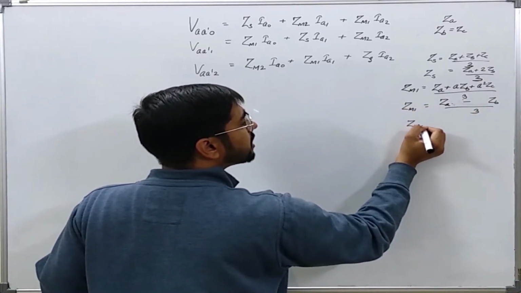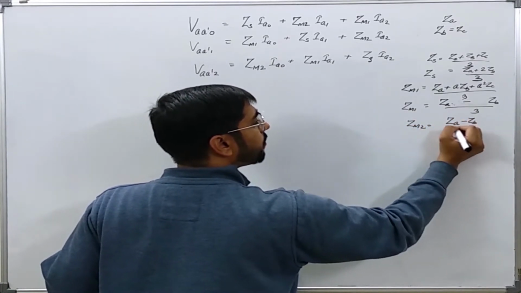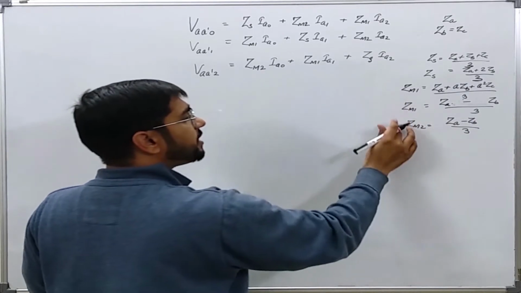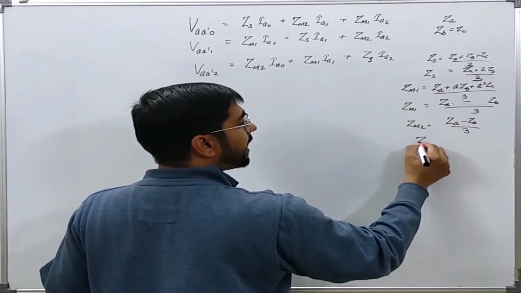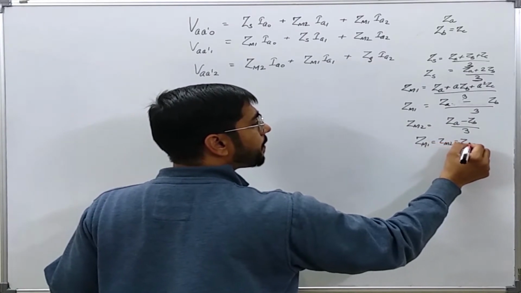And ZM2 is the same, ZA minus ZB over 3. So ZM1 is equal to ZM2, and I will write it as ZM1 equals ZM2 equals ZM.